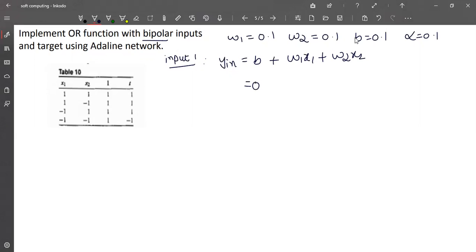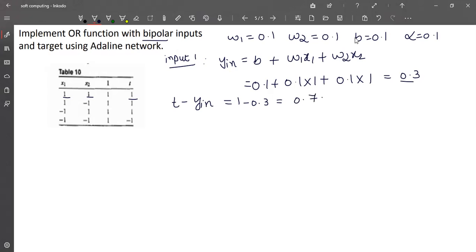So the bias value is 0.1 plus W1 is 0.1 into x1 is 1 plus W2 0.1 into x2 1. So if we simplify this, we will be getting 0.3. And the next step we need to find is we have to compute target minus calculated net input value. So target value is 1. So 1 minus 0.3, we will be getting 0.7.